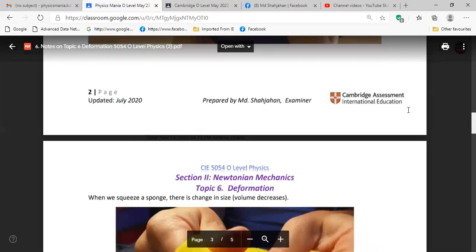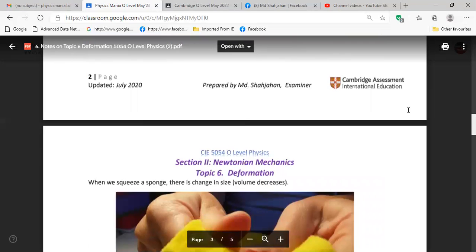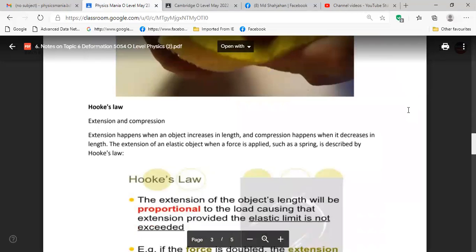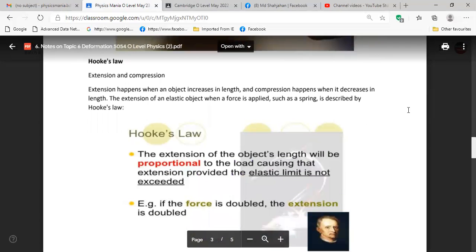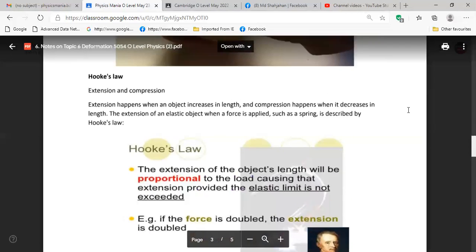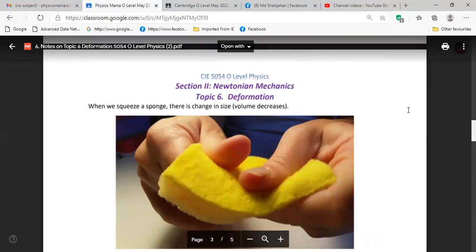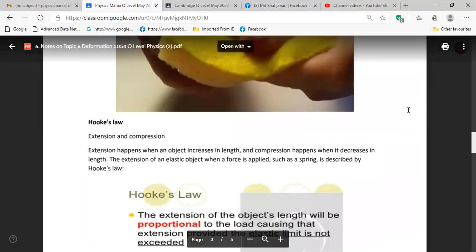These two examples, right? Finish writing. Squeezing a sponge.